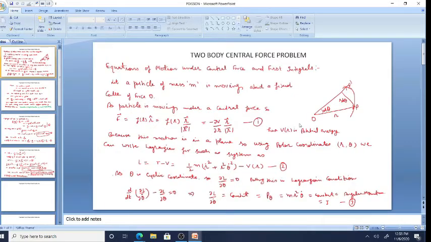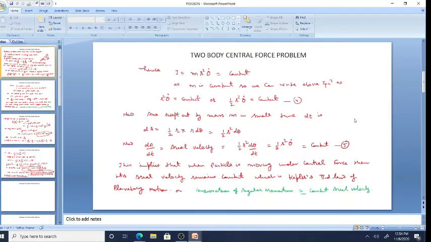Here you can see that this is the distance r, and when p dash is very close to p, because angle is equal to arc upon distance, the arc will be equal to r into d theta. So it becomes a triangle. We can find the area as 1 by 2 base into height, and it is r d theta. So it becomes 1 by 2 r square d theta.